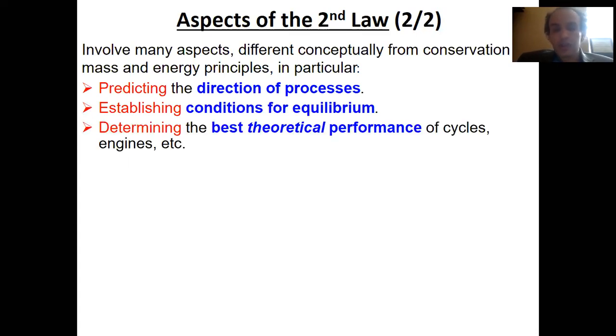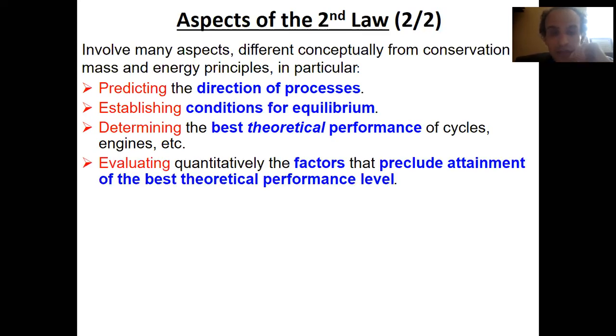Also, later we'll quantify and determine the best theoretical performance of cycles, the efficiency and performance of cycles, of engines, and so forth. And it will also be realized that, remember, when we talked about thermal efficiency, we discussed that it's not 100%, right? Because you lose something. When we saw desired over required, it was not 100%.